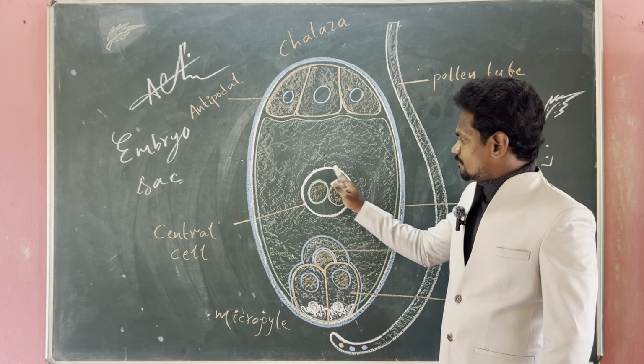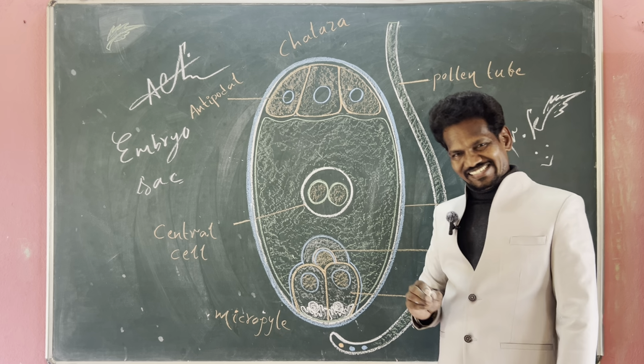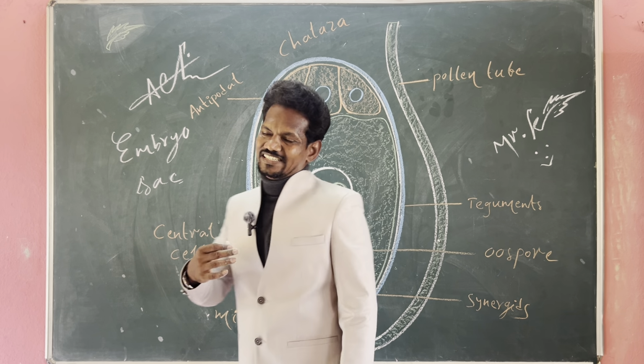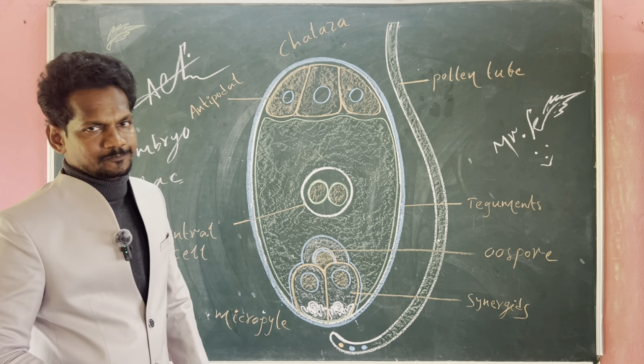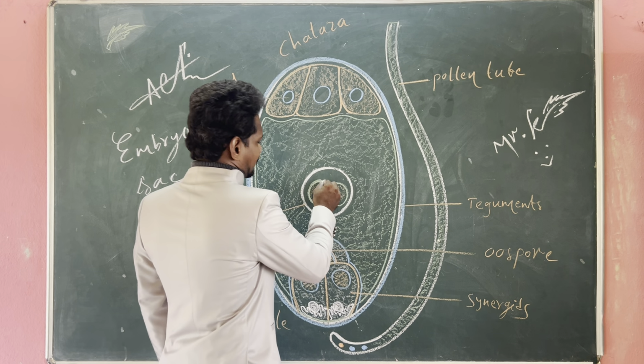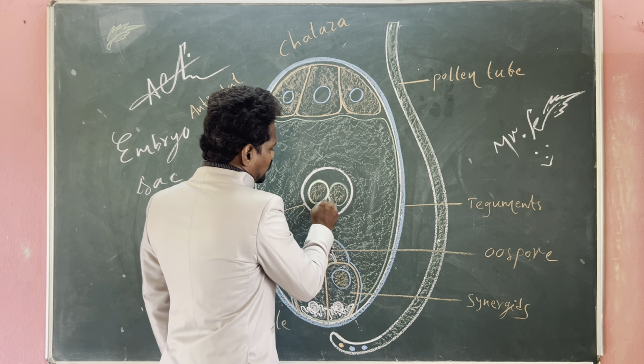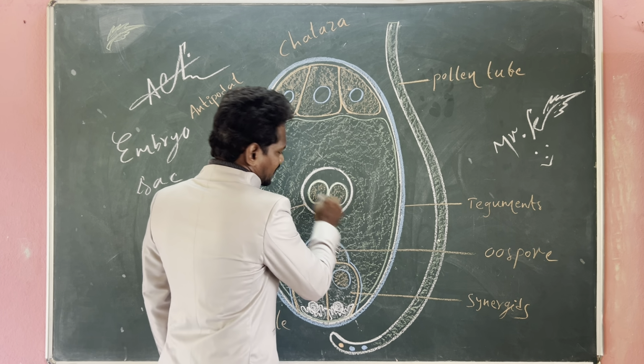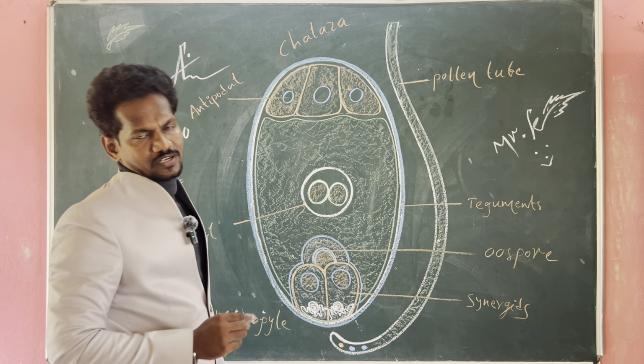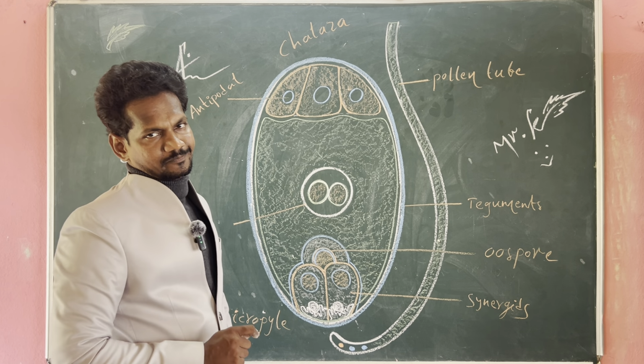Then coming to the central cell. Exactly at the middle of the embryo sac, one cell is located, known as the central cell. Inside the central cell, two nuclei are found. These nuclei are called polar nuclei.